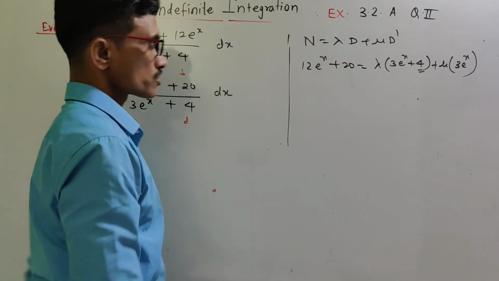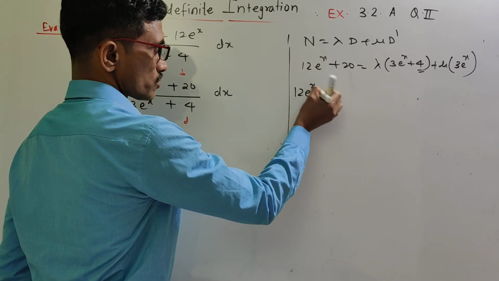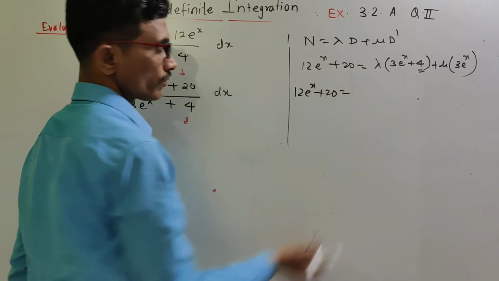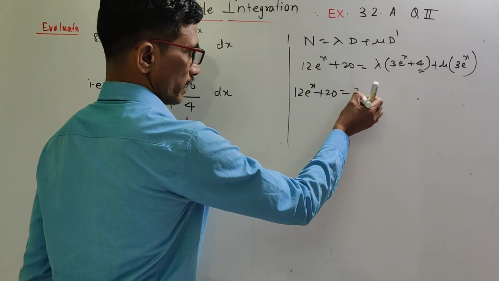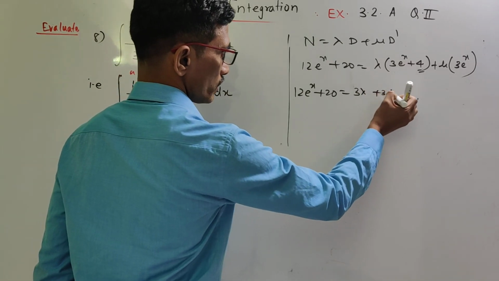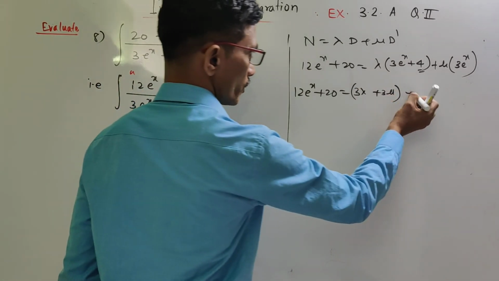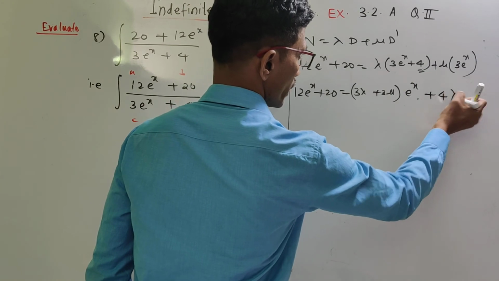Taking e raised to power x common, 12 e raised to power x plus 20 equals 3 lambda plus 3 mu into e raised to power x, plus 4 lambda.